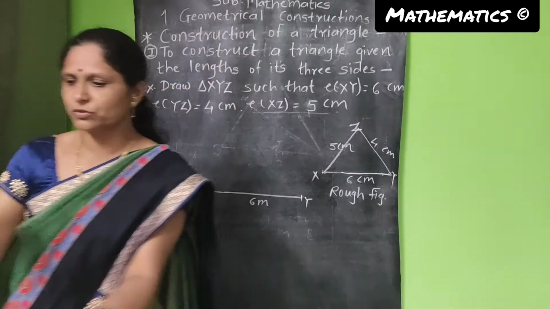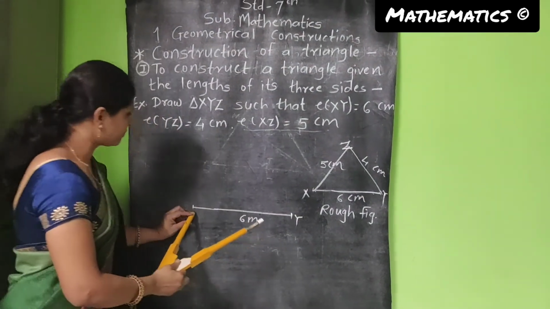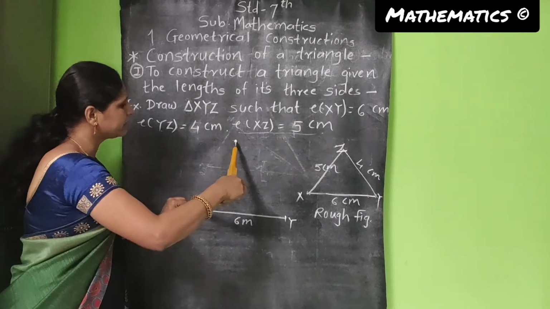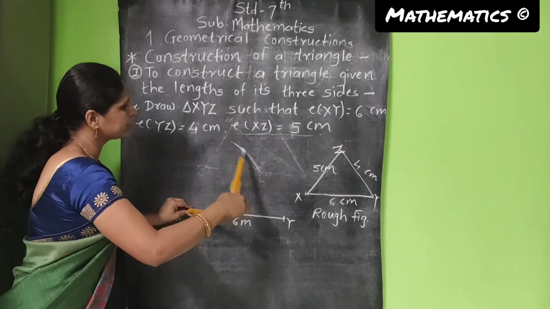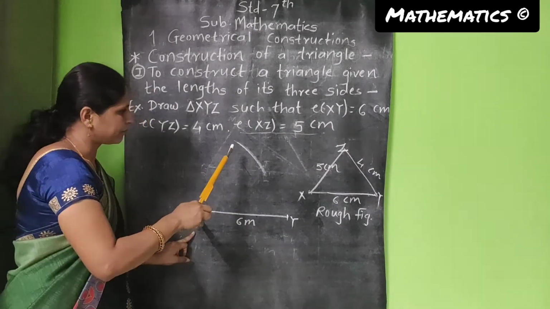Put the tip of the compass on X and mark an arc on one side of the side XY.